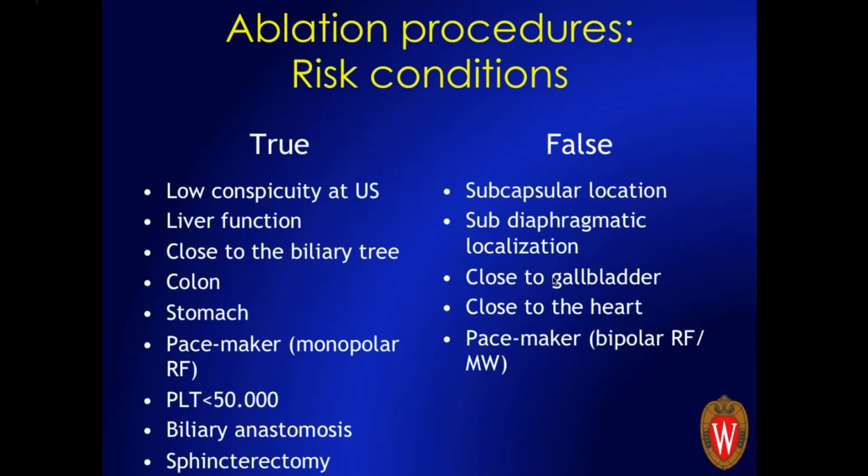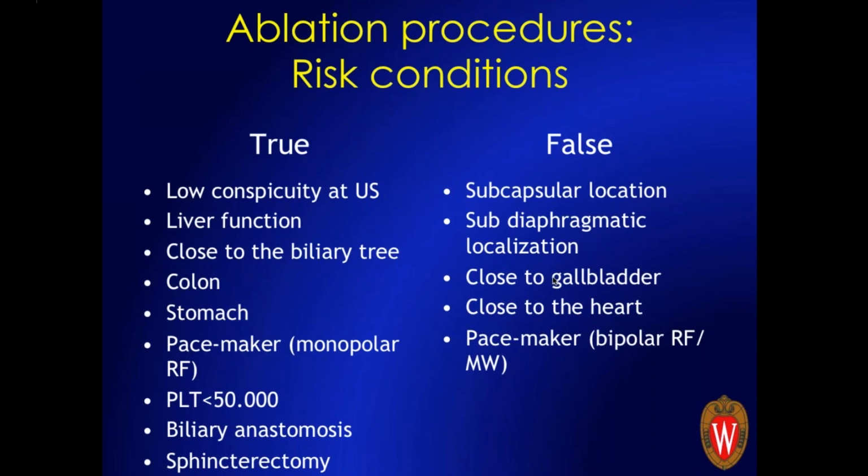So for ablation procedures, risk conditions must be considered, but we have two groups: true risk conditions and false risk conditions. The true risk conditions are low conspicuity at ultrasound, so we can change our imaging modality to guide using ultrasound contrast agents, using fusion.